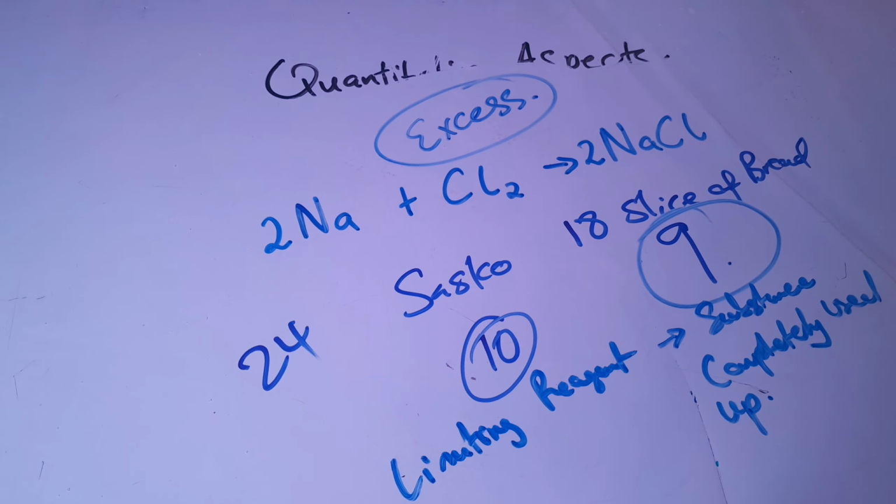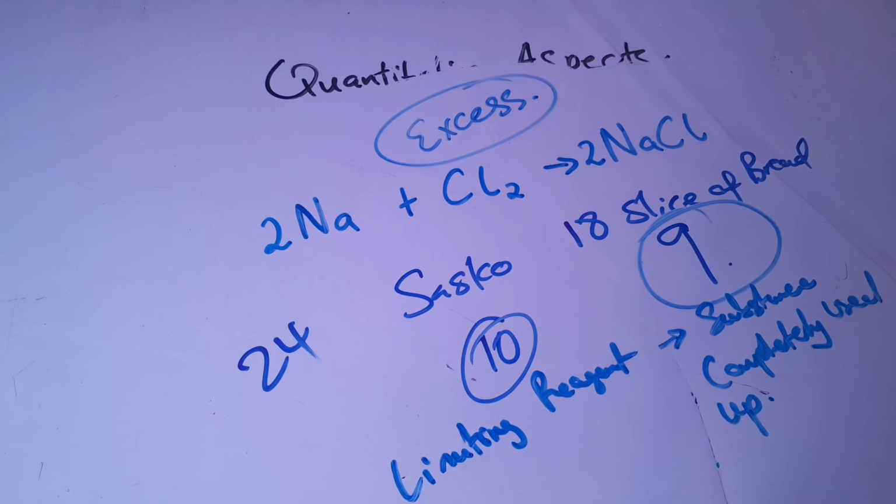The cheese is going to be the limiting reagent, and the bread is going to be in excess. Because from 11 cheese, we require 22 slices of bread. So it means that 2 are going to remain. Is this making sense? So now we're talking about the limiting and the excess.